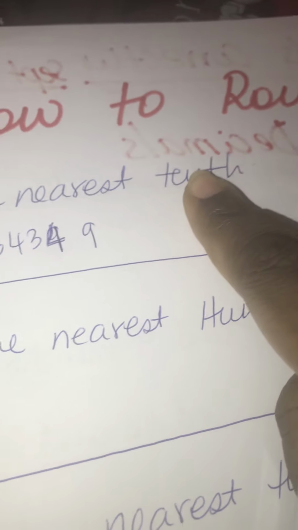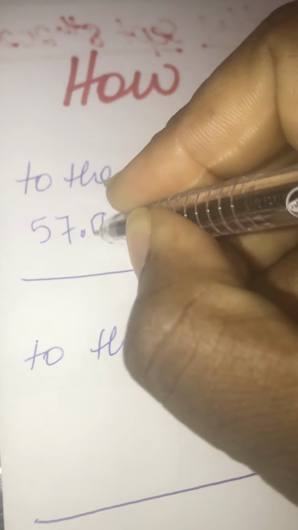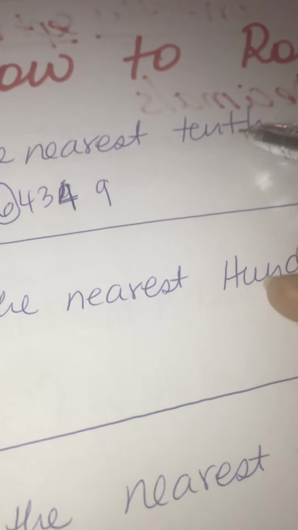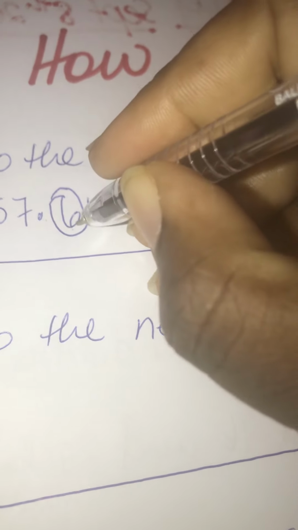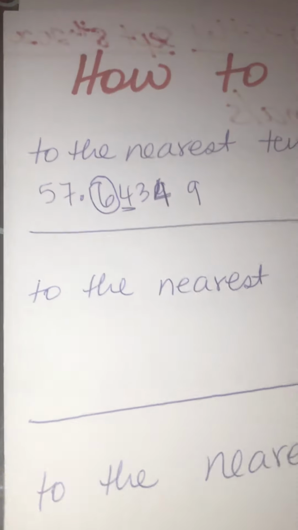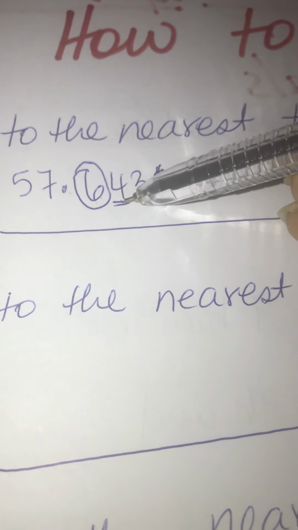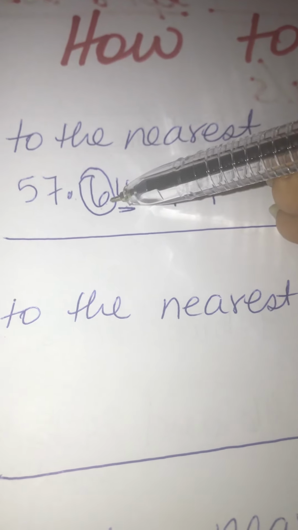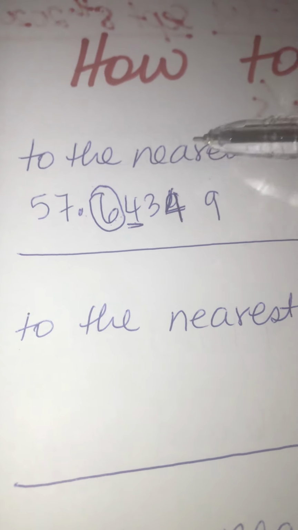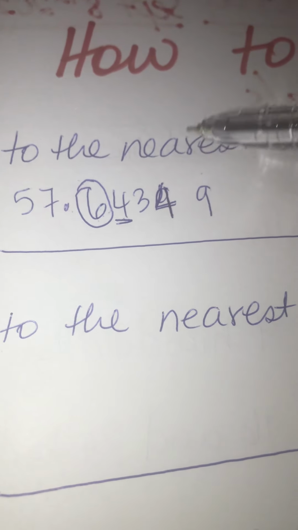So the question is what you circle. You circle the place value you have been given in the question. You underline the number immediately after the circle. Now, this digit that you've underlined is the one that will tell you whether you're going to increase your circle or leave it as it is.